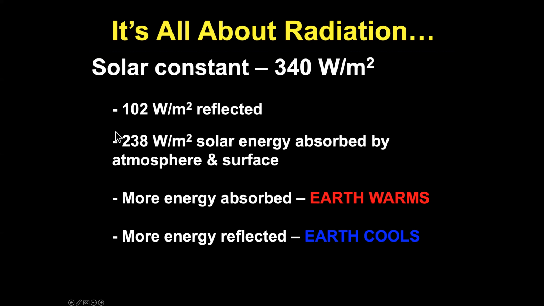So if you add these two, you get 340. Now, if you absorb more energy, the Earth will warm. If you reflect more energy, so if you make this number larger, you'll be in the blue. If you make this less, it'll be in the red. So it's a really basic math equation when you get down to it.